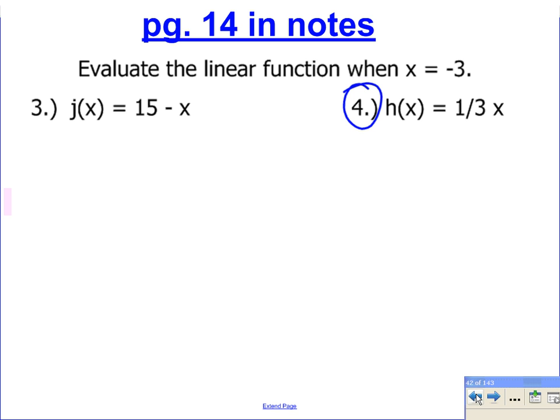Number 4 on page 14, number 4 on page 15. Are you going to tell me that solution?